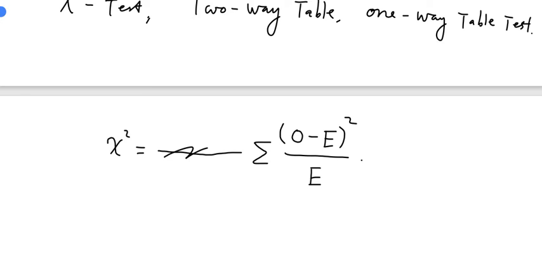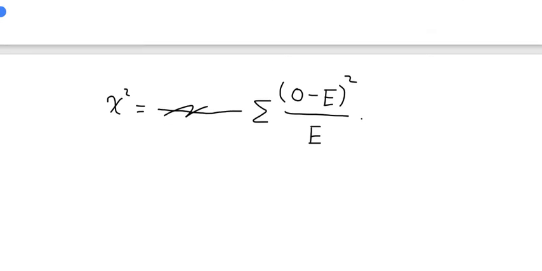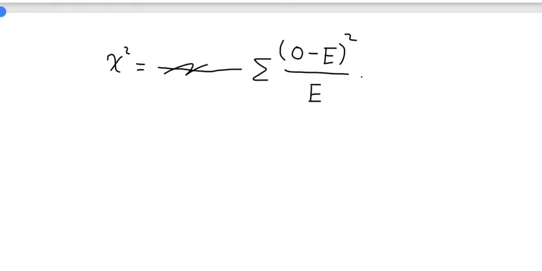The observed value is the true data; the expected value is based on our assumption of what the number is supposed to be here, right?